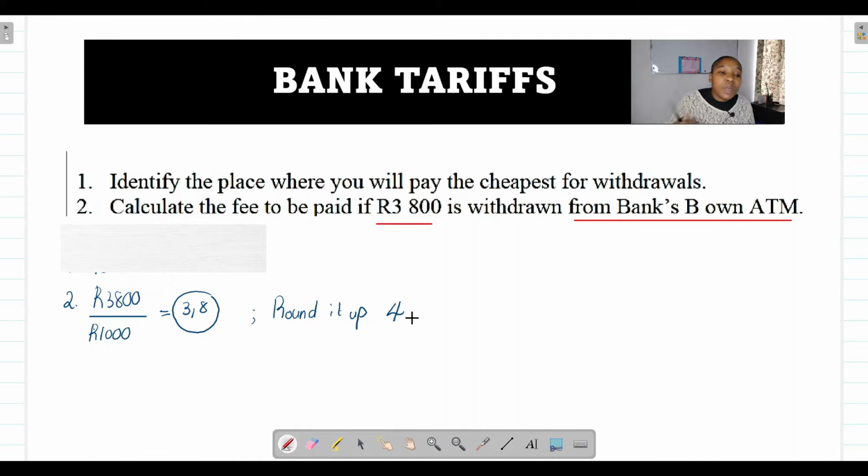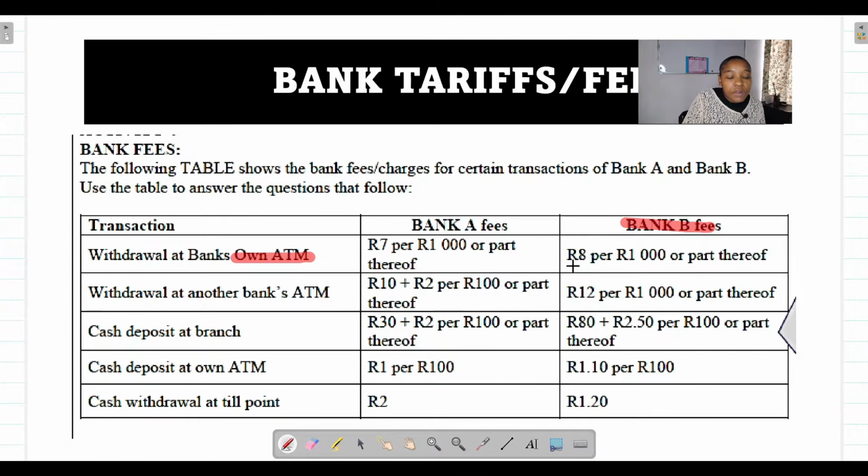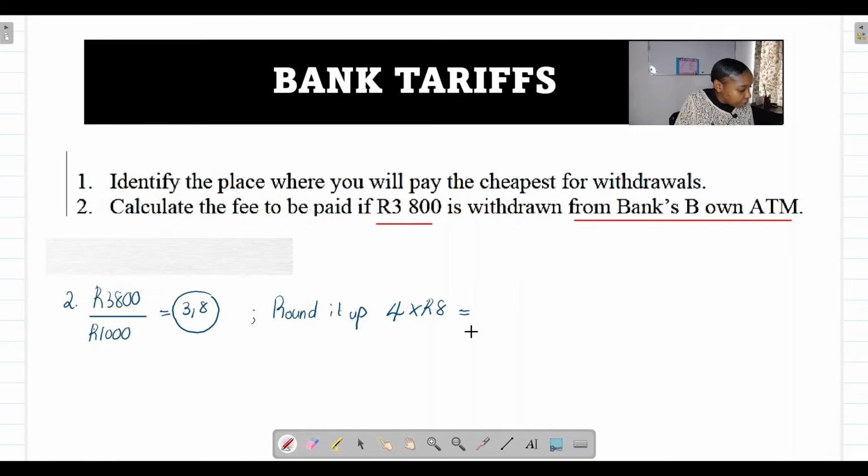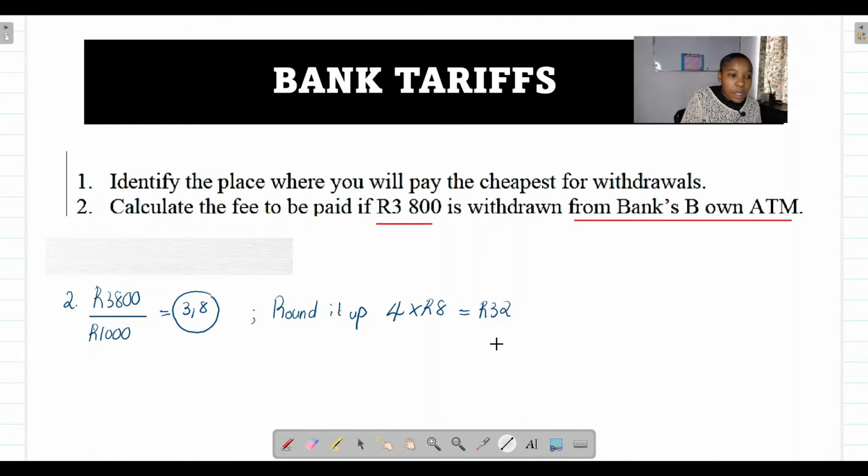You'll be charged as if you basically took out 4 1,000 rands. So you'll take that 4 and multiply it by 8 Rand per 1,000 or part thereof. So 4 multiplied by 8, you'll get 32 Rand. So the fee that you'll pay if you withdraw 3,800 from Bank B's own ATM will be 32 Rand.